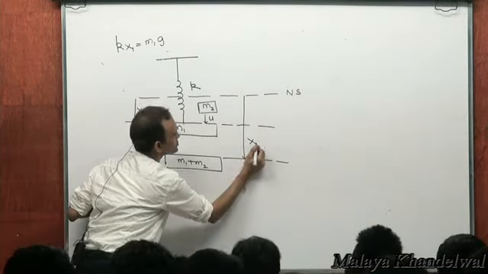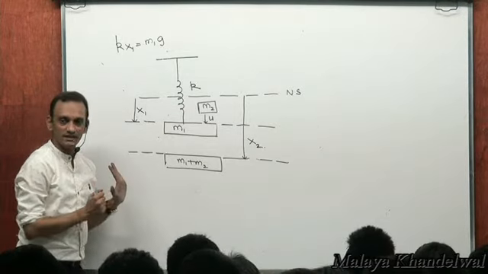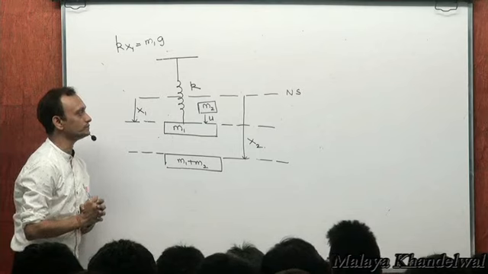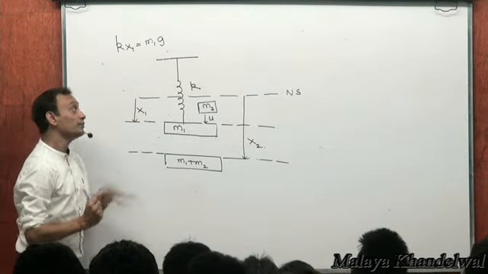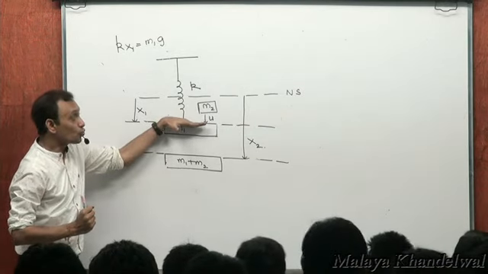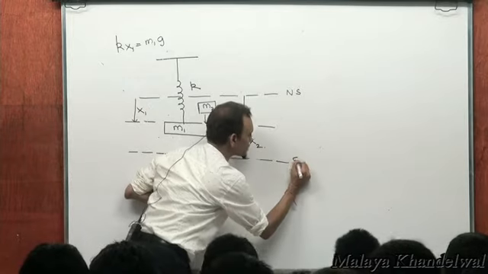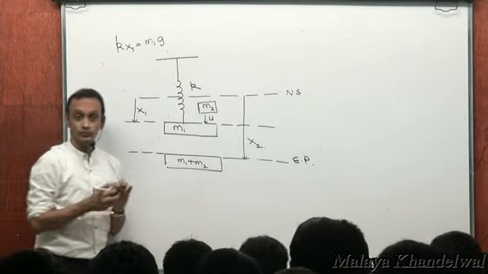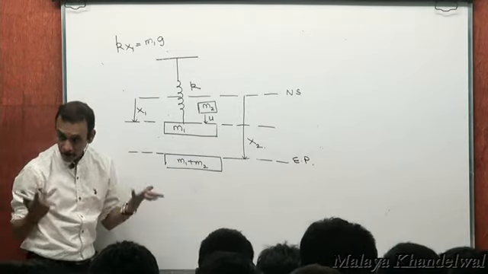Let me call it x2. x2 is the equilibrium position for m1 plus m2, right? In both cases, this original state of the spring and the state of the spring in the equilibrium position of m1 plus m2, the spring is elongated. The spring is all along elongated.